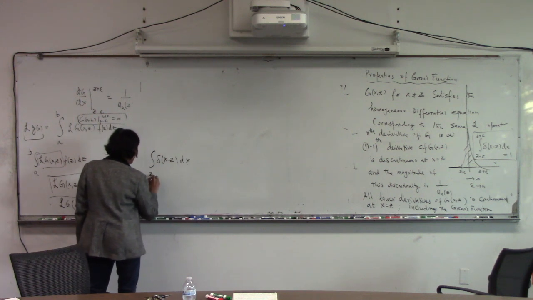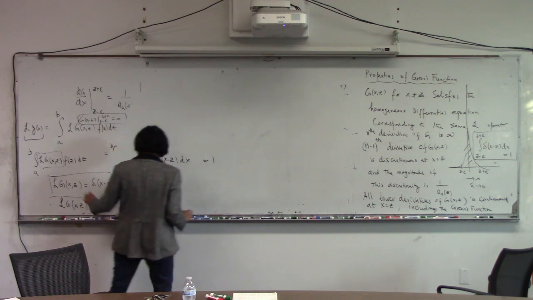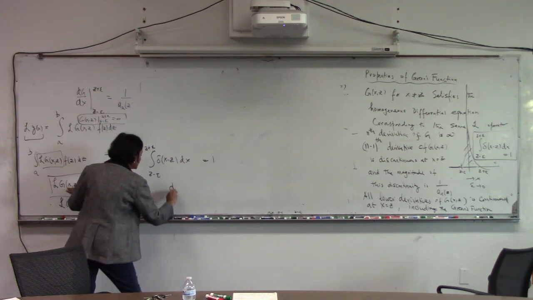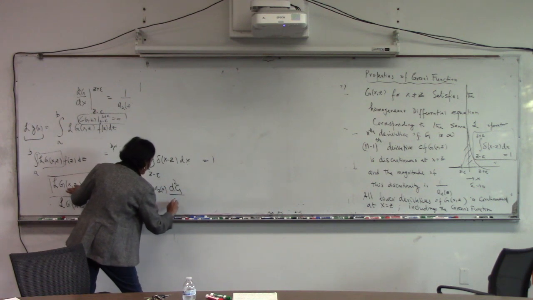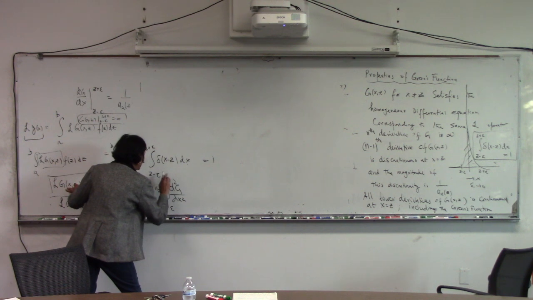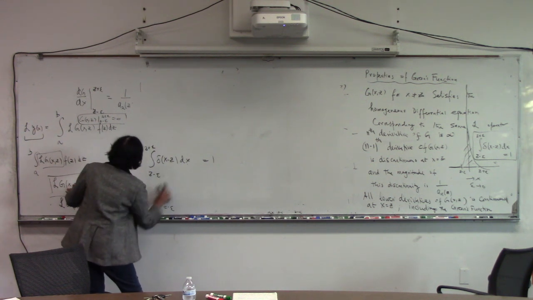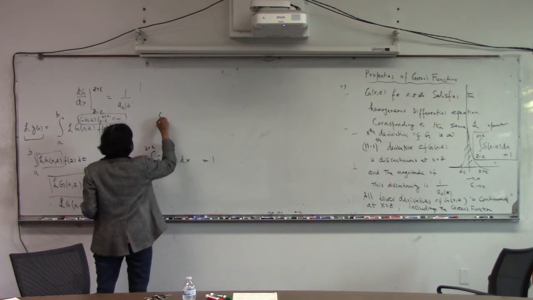If it's the second derivative, then the leading term is d squared g, with your coefficient a2(x). This has to be integrated between z minus epsilon and z plus epsilon.